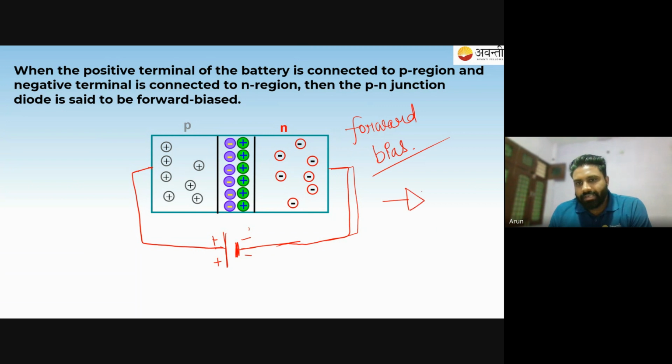Look at this example. This is the electronic representation. This is the positive side, this is the negative side. If you connect the battery in this way, it is said to be forward bias.